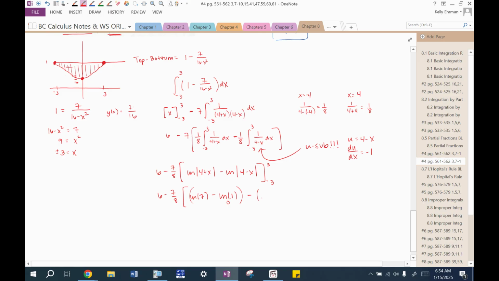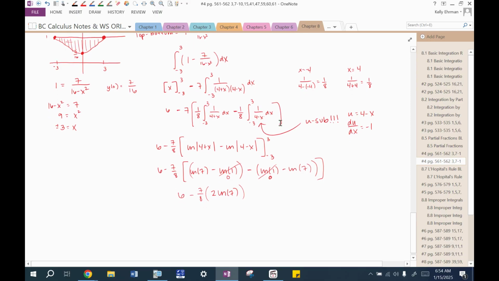And then minus natural log of 1, which is 0 again, minus natural log of, so 4 minus -3 is 7. So the zeros are not there. We have natural log of 7 plus natural log of 7, so we have 2 natural log of 7s in there, multiplied by negative 7/8. So we can clean that up: 6 minus 7/4 natural log of 7.